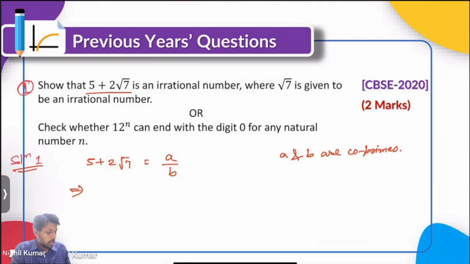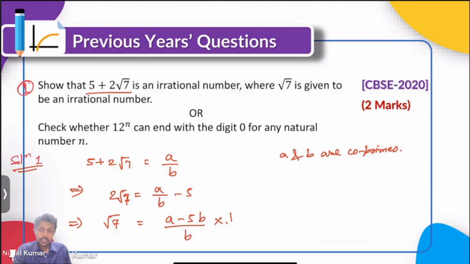Okay, so let's juggle these numbers and we'll write A upon B minus 5. This is equal to 2 root 7. Okay, let's go step by step. So here we have root 7 as A minus 5B upon B, and this 2 will get multiplied in the denominator.